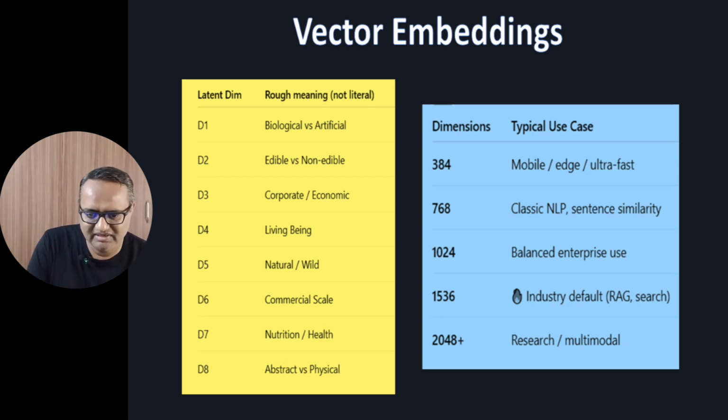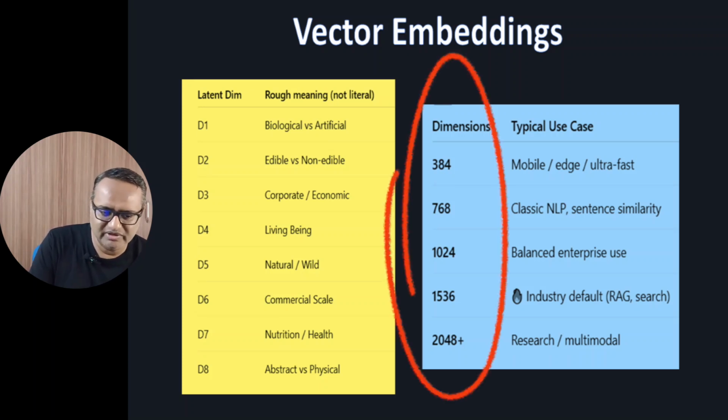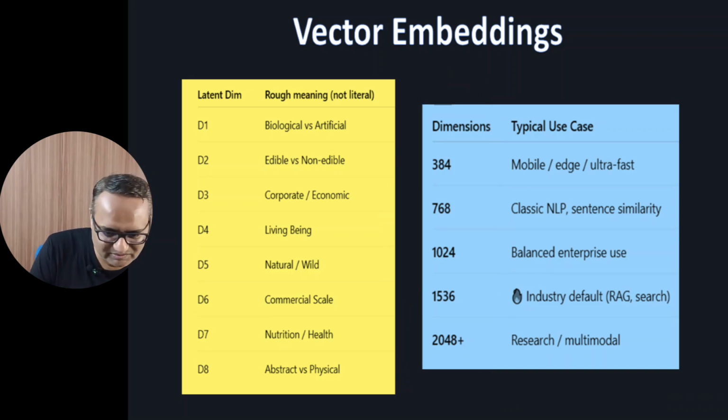For example, in Edge AI systems, there are 384 dimensions for each word, statement or chunk. Others use 768 dimensions. The industry default standard for RAG is 1536 dimensions.